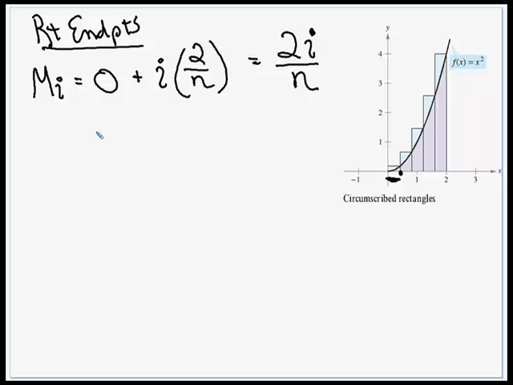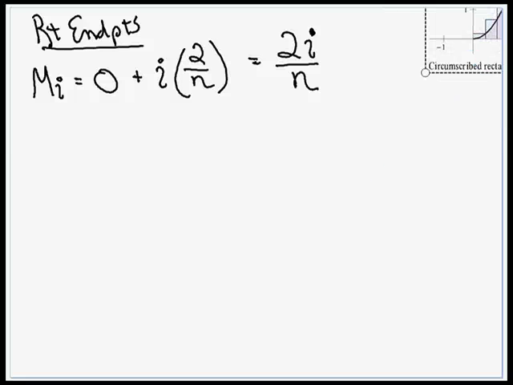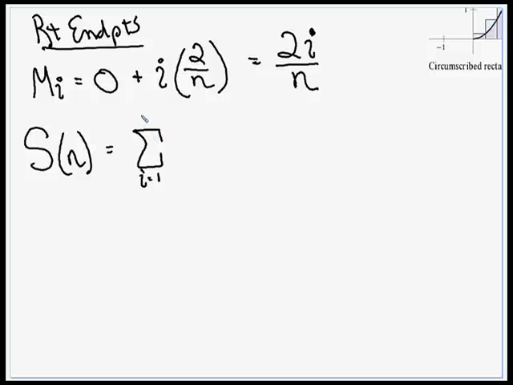So when we do the summation here, let me get this picture out of the way. Remember, we use a capital S for our upper sum. Capital S of n is going to be the summation from i equals 1 to n of f of capital M sub i. We're just running our endpoints through our function times delta x, the width of each rectangle.